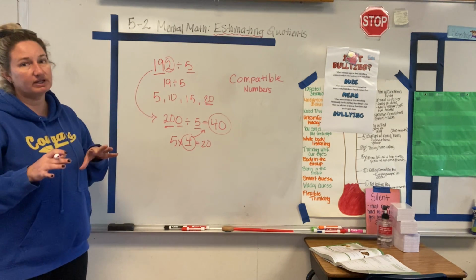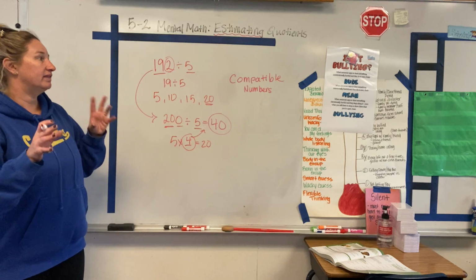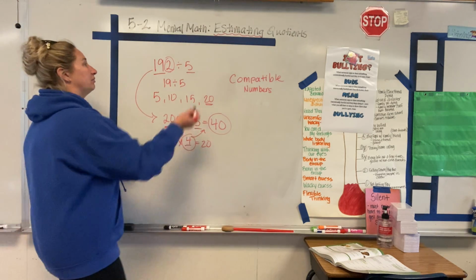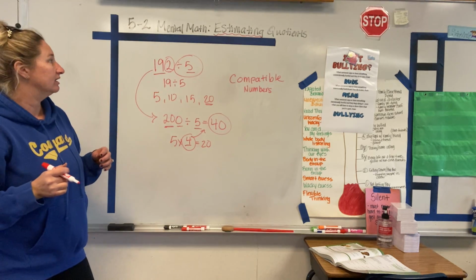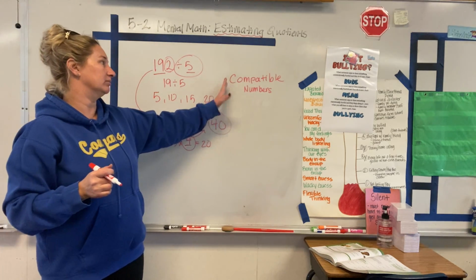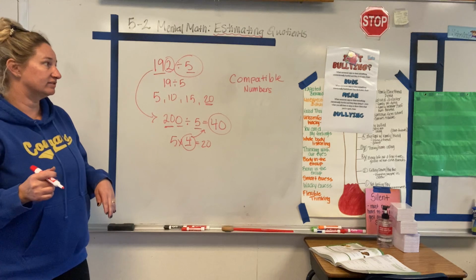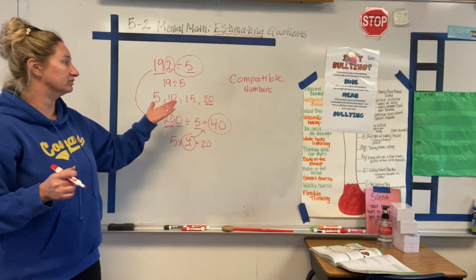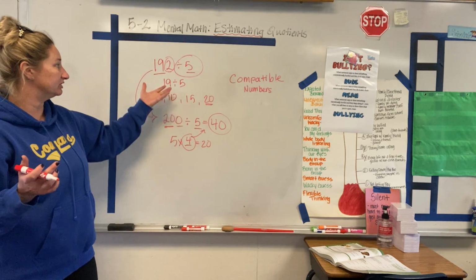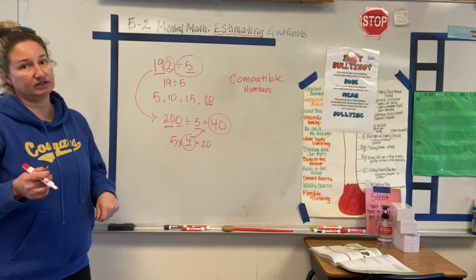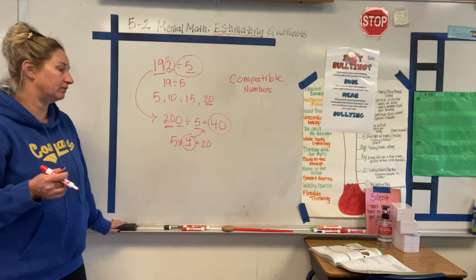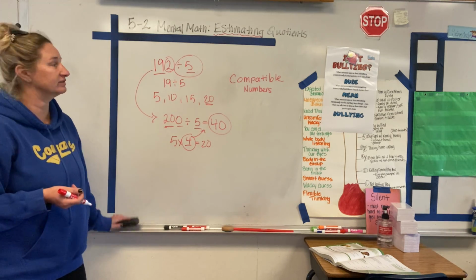I'm not doing that. I need to find numbers that can be divided evenly by this second factor. So I have to find a compatible number, and that is just by listing my multiples, finding the number that's closest to what I have that can be divided by that second factor. We're going to try one more and then I'm going to assign you your problems.